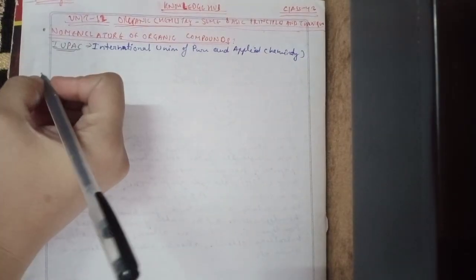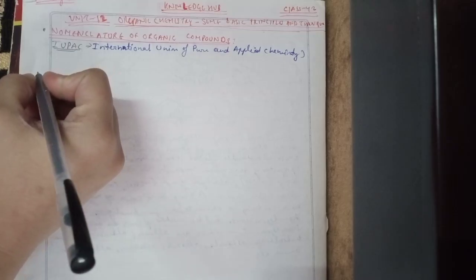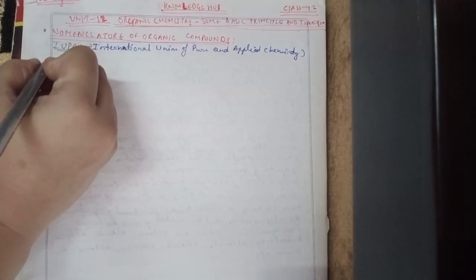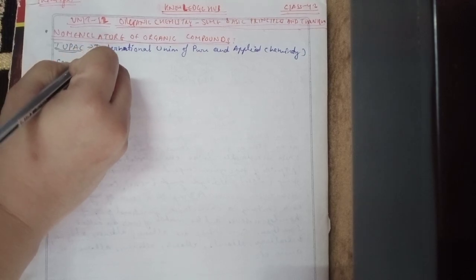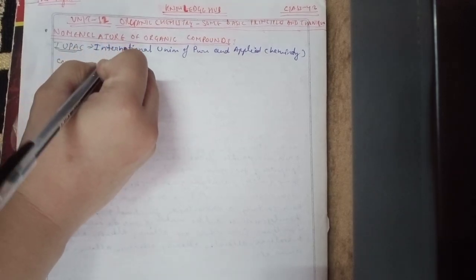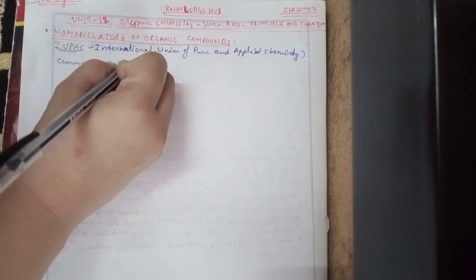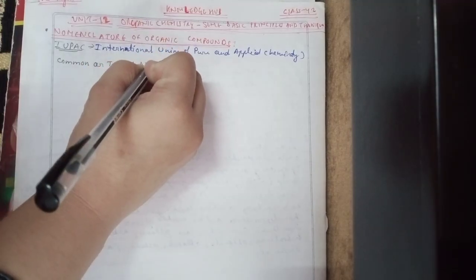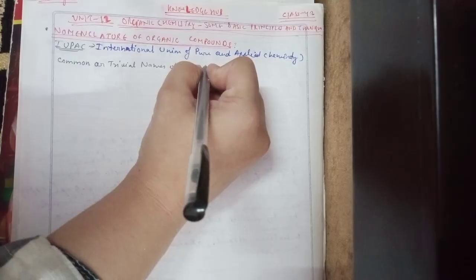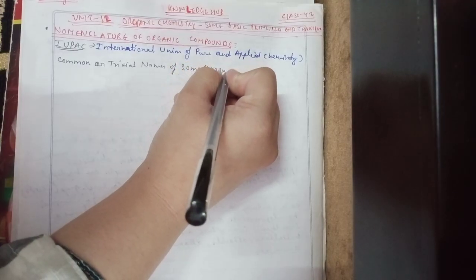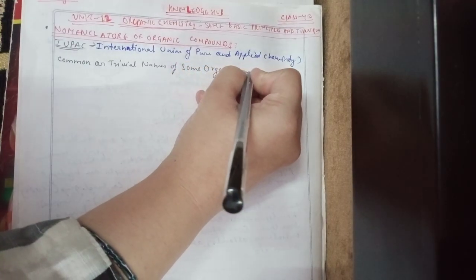So here are the common or trivial names of some organic compounds, and we will make a table of it. Common or trivial names of some organic compounds.